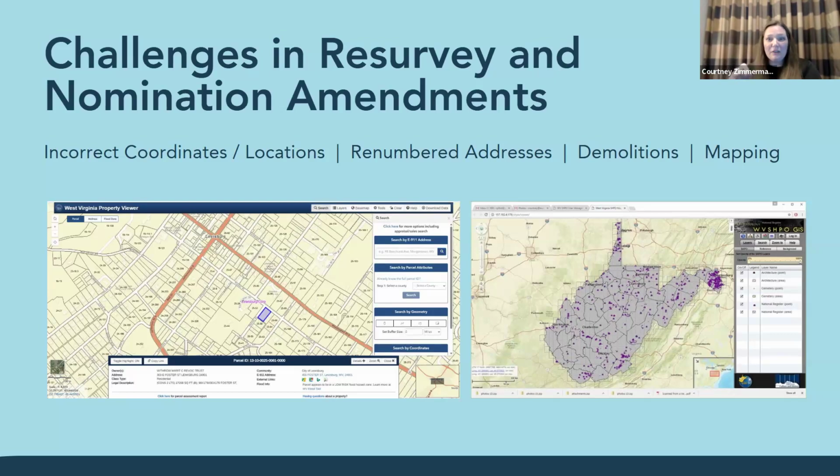So we have to look at the old picture, and thank God for Google Street View, and try to match up the previous HPI to the current property. A lot of things have been demolished, so you have to figure that out. And then again, mapping. You really have to make sure that you've accounted for everything, whether it's old or not. You want to have a complete picture of everything in the survey area or the boundary. Next.